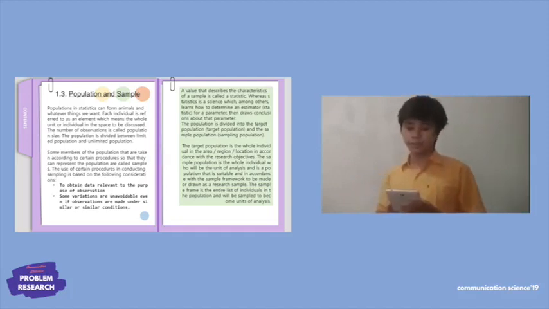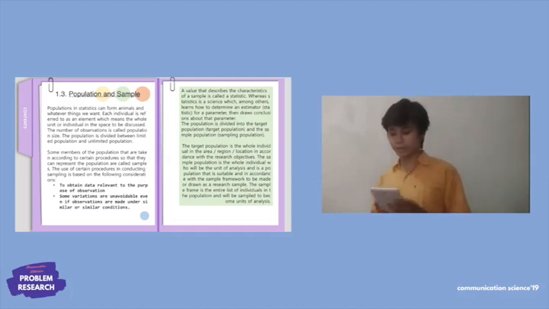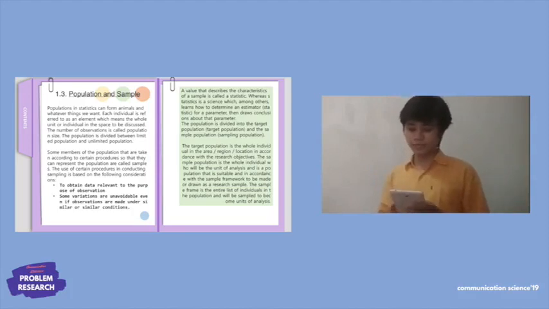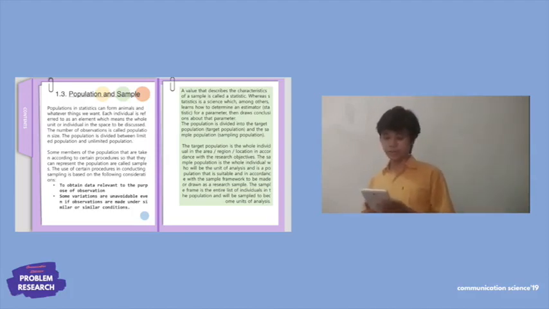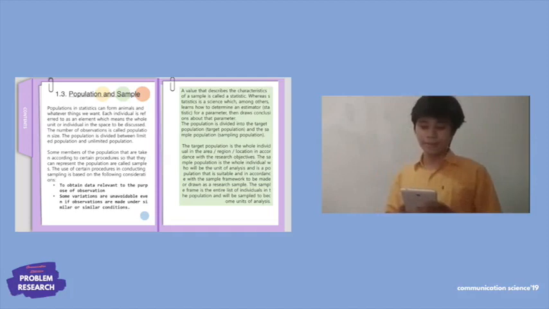Second is some variations are unavoidable even if observations are made under similar conditions. The variations that arise are due to differences in the value of the individual characteristic measured, and also due to errors in measurement.